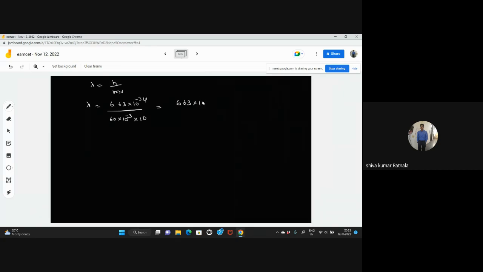So this will be 663 into 10 to the power of minus 36 by 600, no? That means 6 into 10 power of minus 1. That means it will be 110.5 into 10 to the power of minus 35.